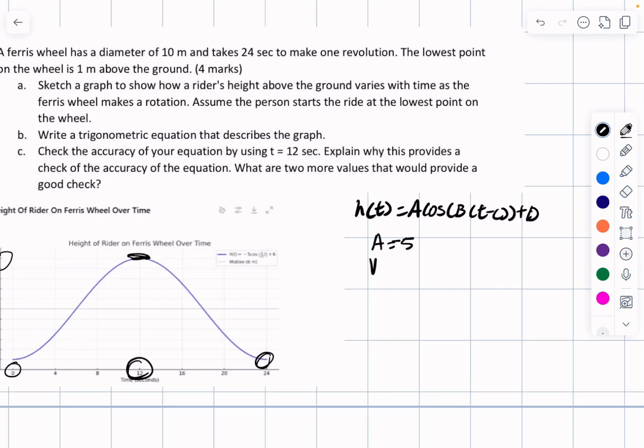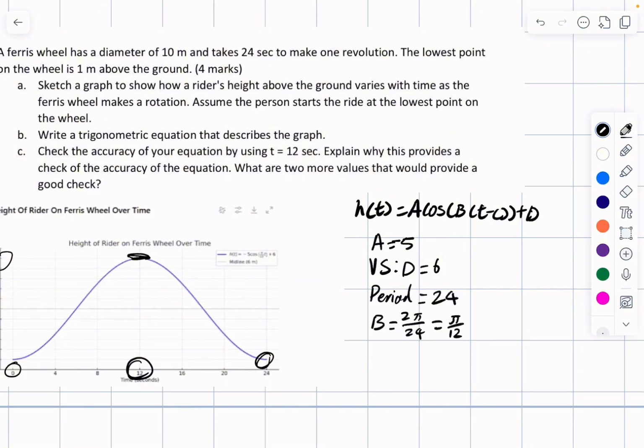Vertical shift, the period is 24. So if the period is 24, B would equal 2 pi over 24, which is pi over 12.